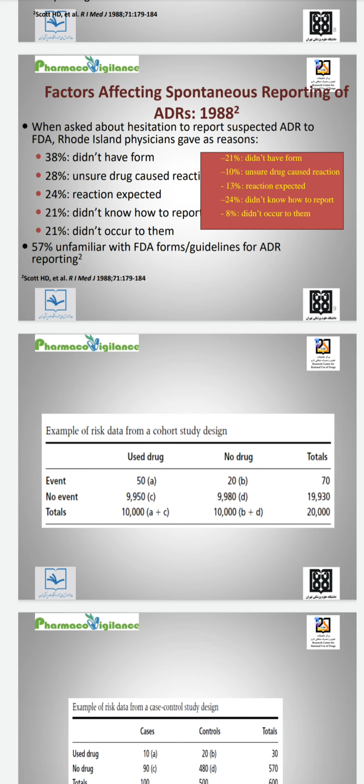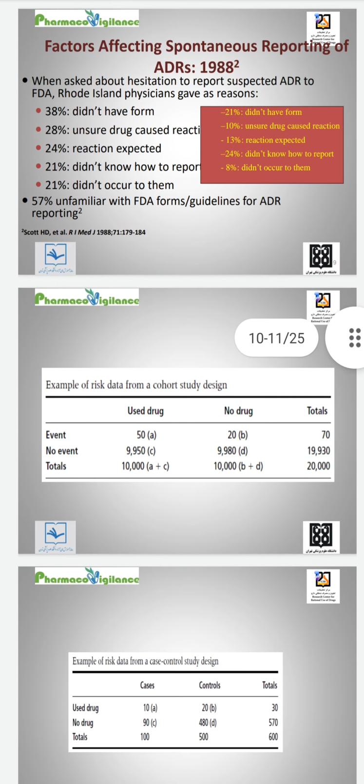Example of risk data from a cohort study design. With the drug, there were 50 events and 9,950 with no event, a total of 10,000. With no drug, we have 20 events and 9,980 with no event. The total again is 10,000.